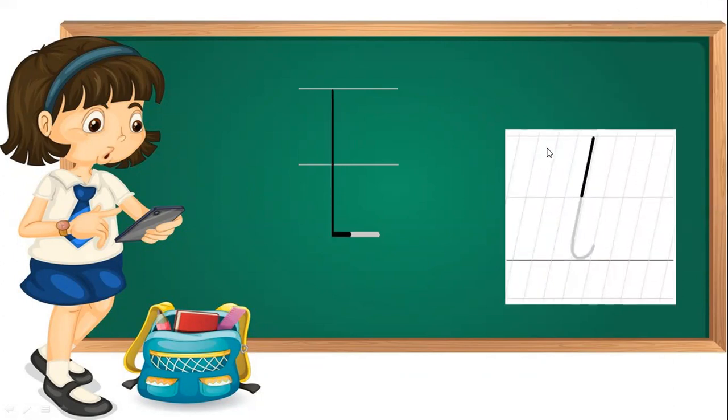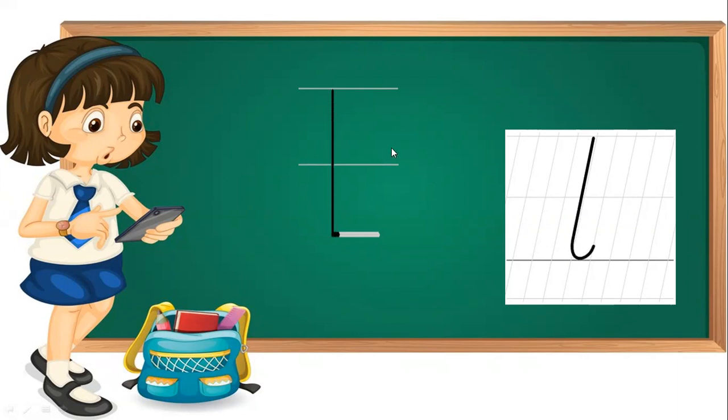Now, small letter l, starting from the top, reaching to the bottom, draw a straight standing line. A standing line is just like a one, okay? It's just like a one.